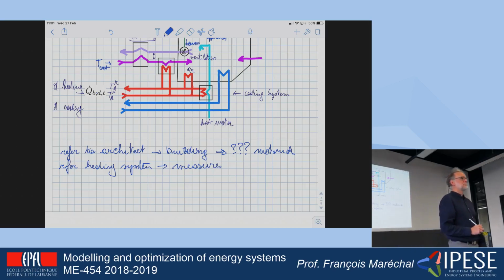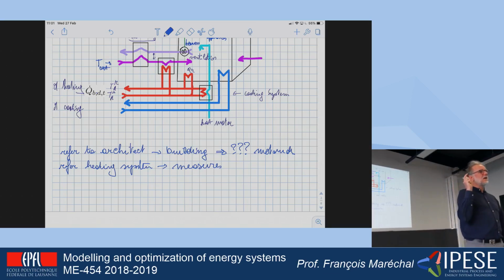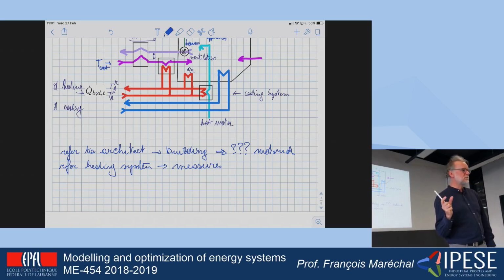So two big strategies, and now I'm going to make a break, and after the break I'm going to show you how we can make a link between the two.